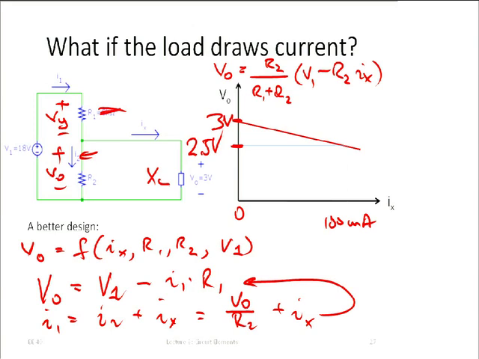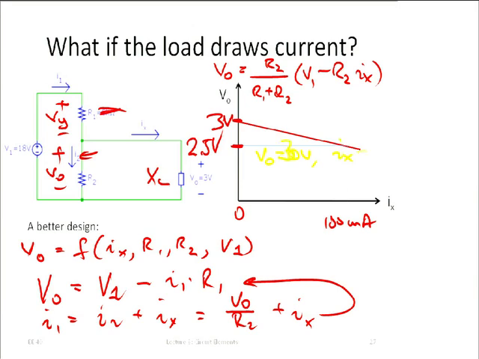All right, so now there is one more thing that we need to do. Now we know, let me use another color here, that for Ix equal to 0 milliamps, V out is 3 volts.